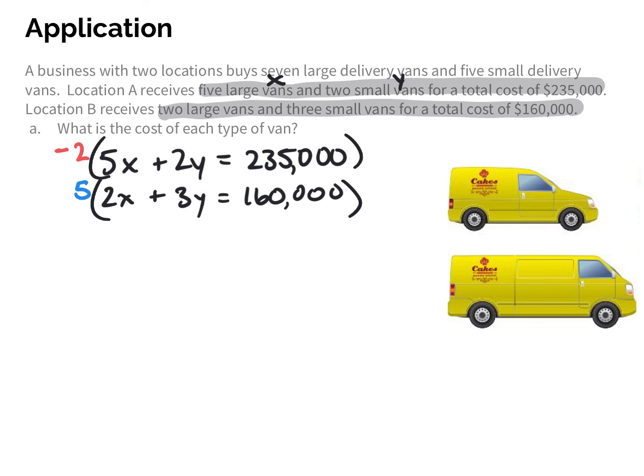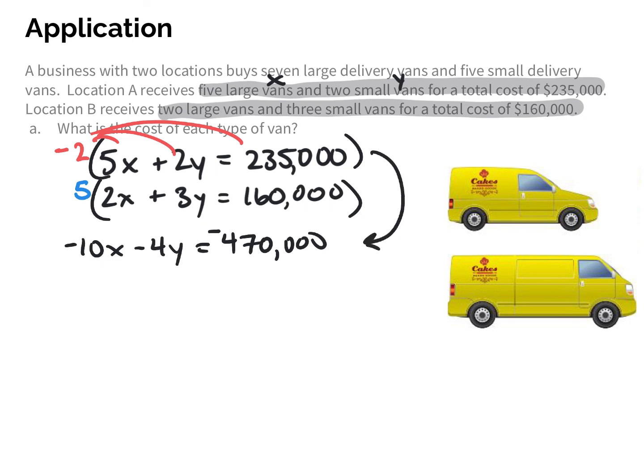Now that means I'm going to multiply everything in this top equation by -2. I'll write this below. So I would have -10x, -4y equals -470,000. I'm sorry about that, big number. Okay, so that's what I got from the first equation. Now my second equation in blue, I'm going to multiply by 5.